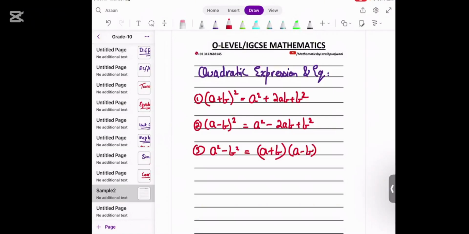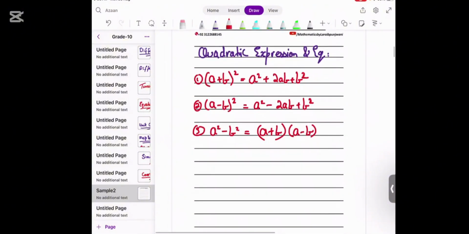So when we apply these formulas, for example, if I take one question, that is x plus 3 whole square. I have to solve it. As you see in the bracket, x and 3 cannot be added with each other, and there is a whole power square. So in this situation, we will apply formula number 1, because in x plus 3, a is x and b is 3.